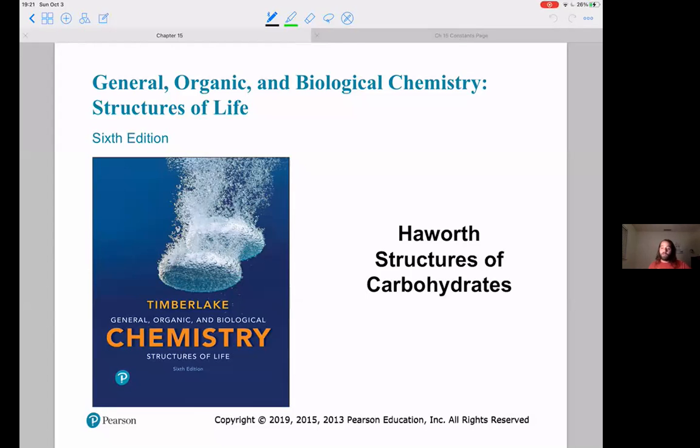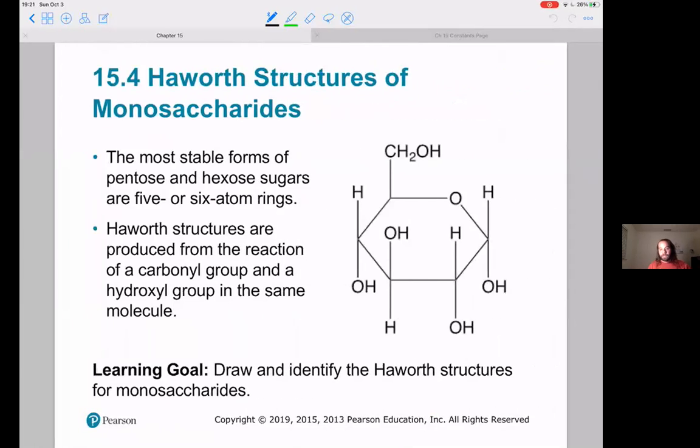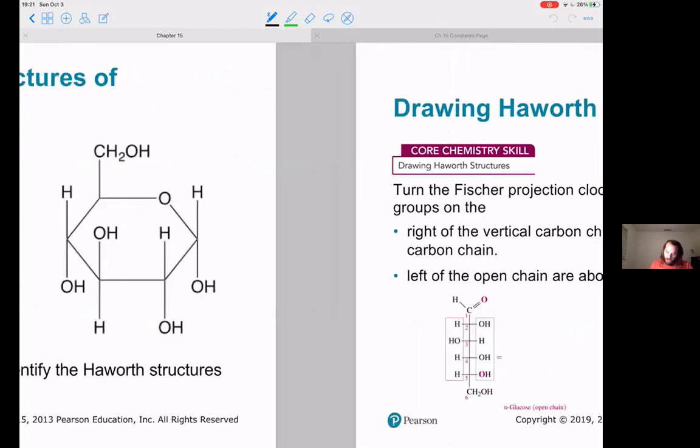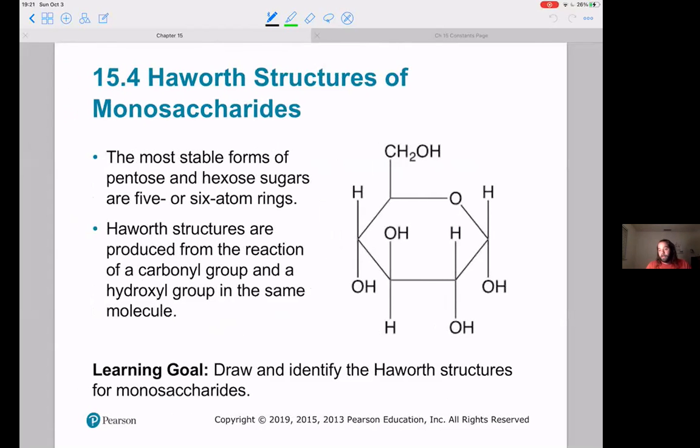But yes, the Haworth structures of carbohydrates, these are these ring type structures that we've seen. Our goal is going to be to go from those Fischer projections, those long stick type of structures, to the Haworth projections. Real quick, why do we need to do this?